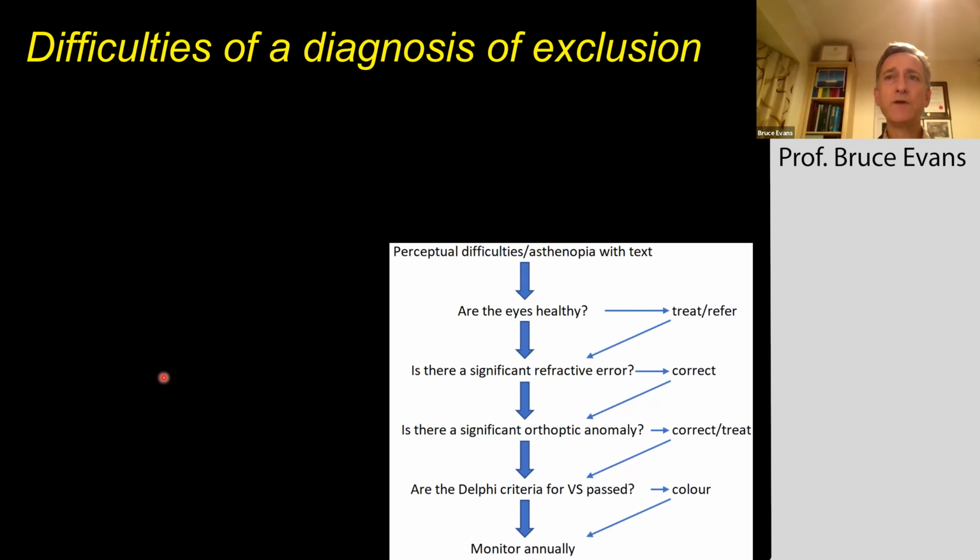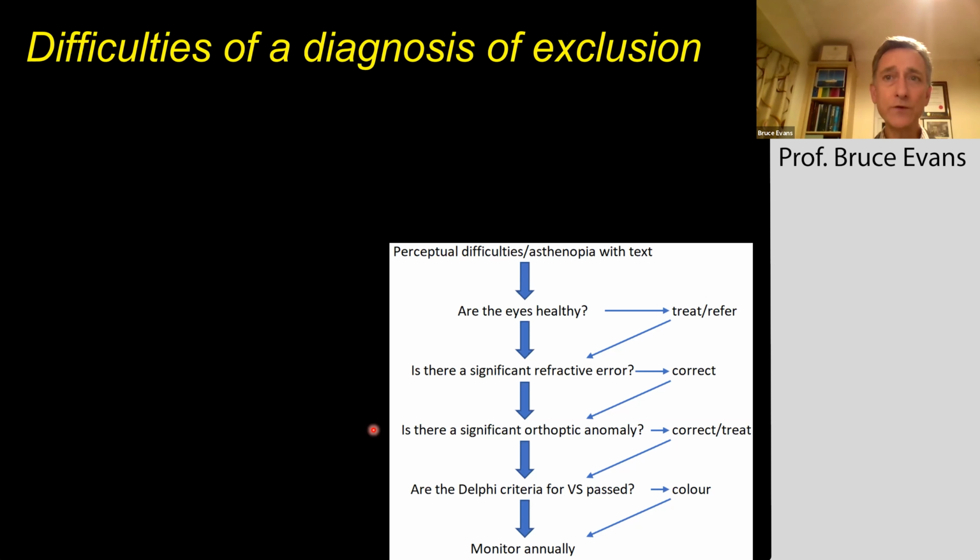So this has led really to this sort of diagnostic pathway, that if people describe perceptual difficulties with text that maybe a teacher thinks of as visual stress, I would argue that they should see an optometrist who should check the eye health. It might be an ophthalmologist, of course, as well. They should also have refractive errors looked for. They should also have their orthoptic status, their binocular vision and their accommodation tested, typically by optometrists or orthoptists.